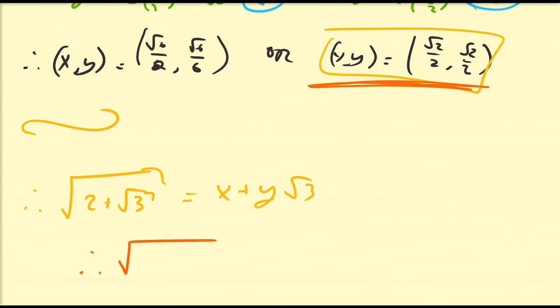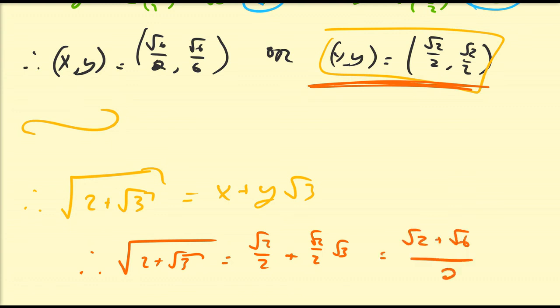So that means root 2 plus root 3 is actually equal to root 2 over 2 plus root 2 over 2 times root 3, which is the same as root 6 over 2, by the way. So this is going to be root 2 plus root 6 all over 2, right? So this nested radical expression actually decomposes into the sum of two simple irrational numbers, which is sometimes, depending on how you look at it, a little bit easier to work with.